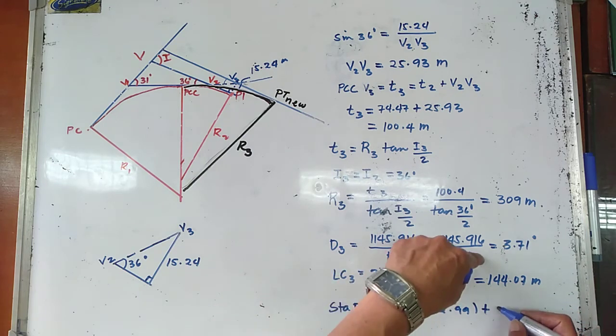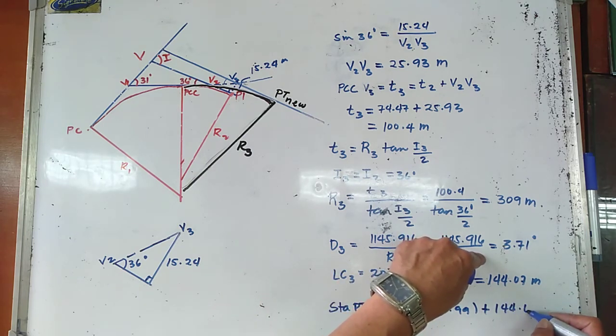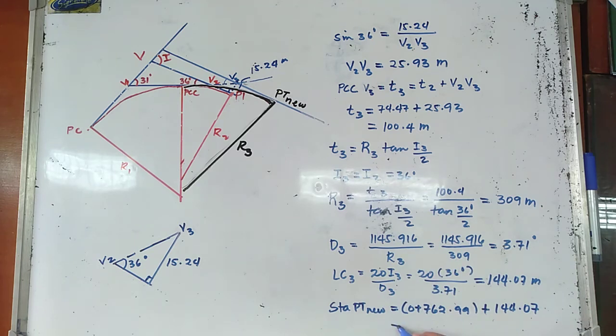And your LC3 is 144.07. So the station of the new PT is now equal to 194.07. So the station of the new PT is at station 0 plus 957.06.